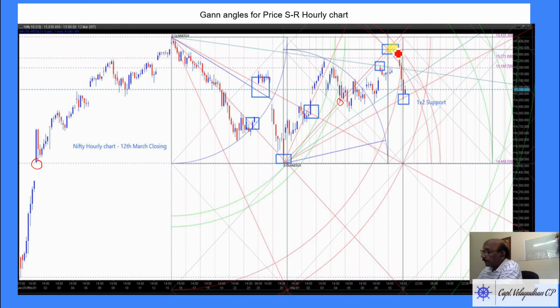The market made a bearish candle in the first hour itself, a non-follow through gap, then closed negative. With the engulfing candle, it engulfed the previous day and part of the previous two candles. It's a strong engulfing candle when you see from the chart.